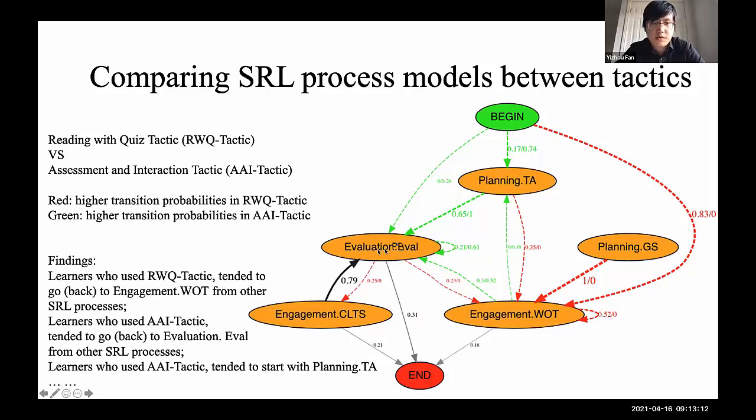Also, learners who used the first tactic tend to start with engagement directly, but learners who use the second tactic tend to do the planning, task analyze in the very beginning of the session. So by this way, before we could only compare tactics at the action level. Now we can compare tactics from the macro level as SR processes.